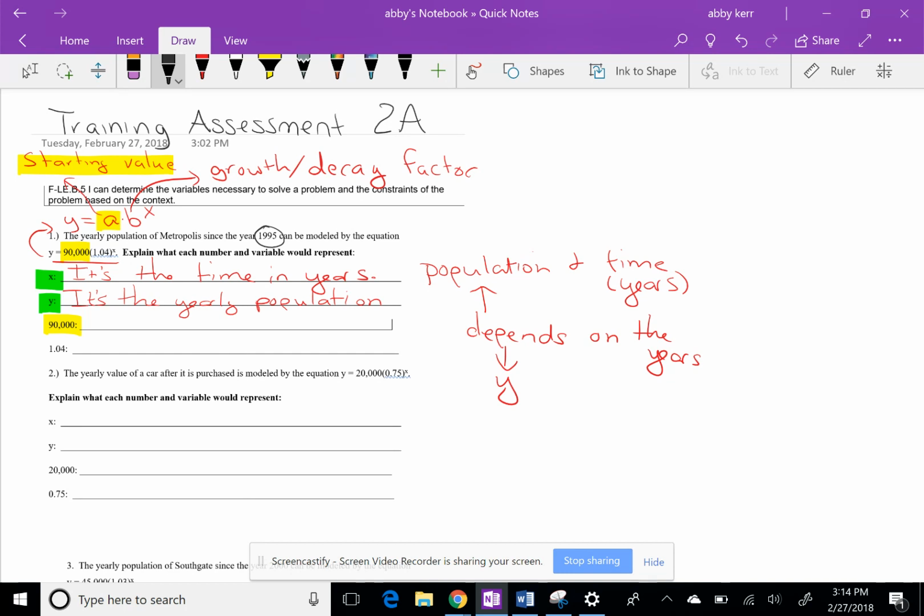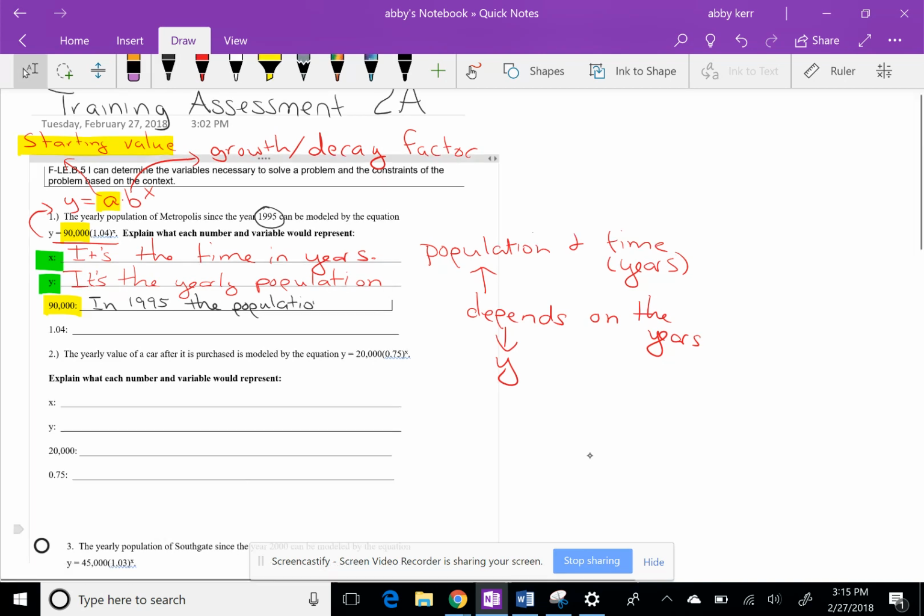So you want to write a sentence implying that. So in 1995, the population was 90,000. Now you can say the starting population was 90,000, something that implies. But if they give you the year in the actual problem, I suggest you actually write it.